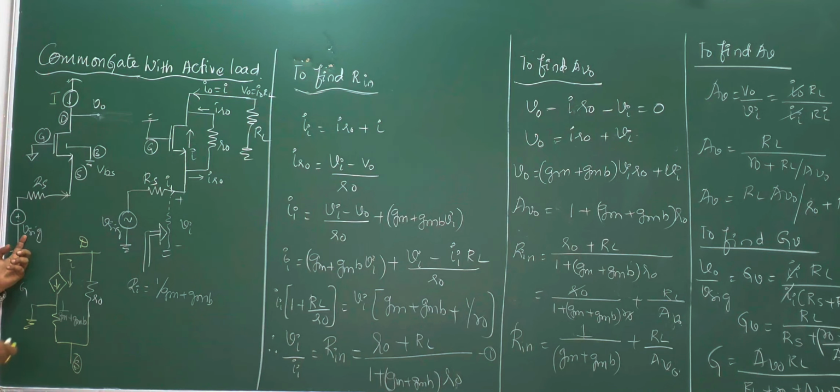Now we have just derived the input impedance for the common gate amplifier. Suppose RL is not there, the circuit diagram we have written will get scaled down to this. Still we can conclude I naught will be equal to 0 because there is no load. The voltage at the input we call Vi.